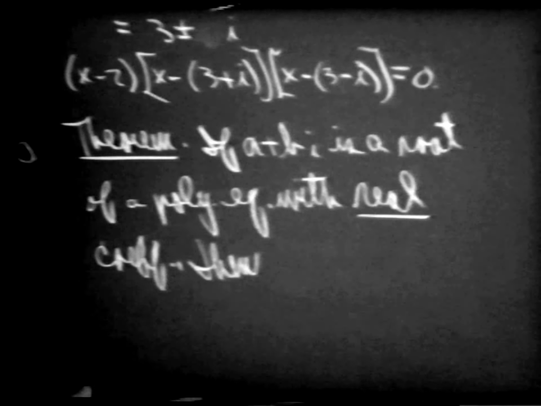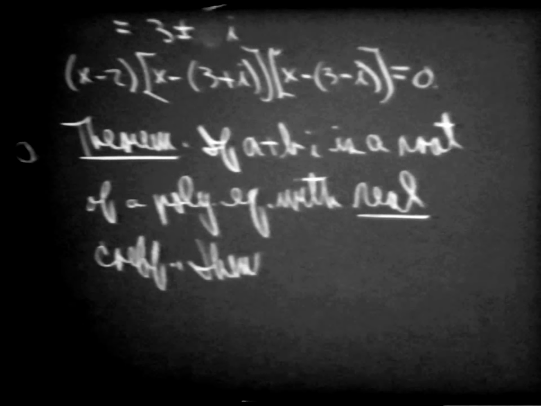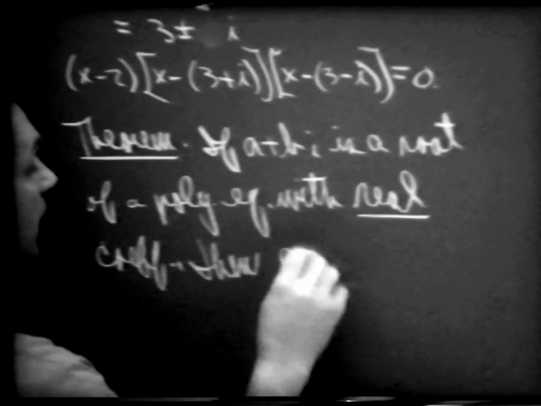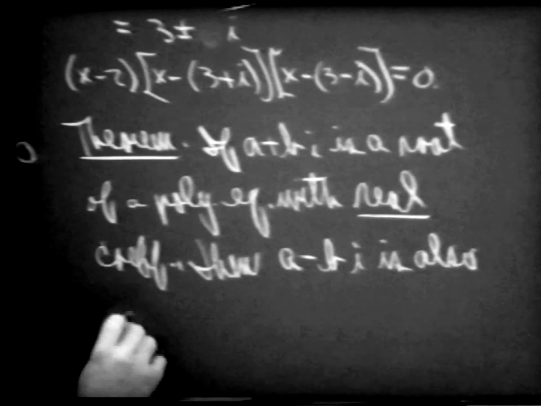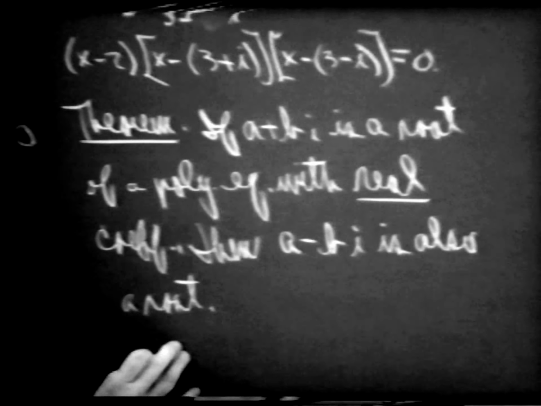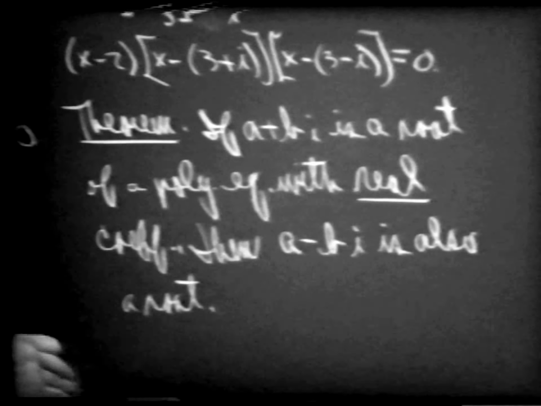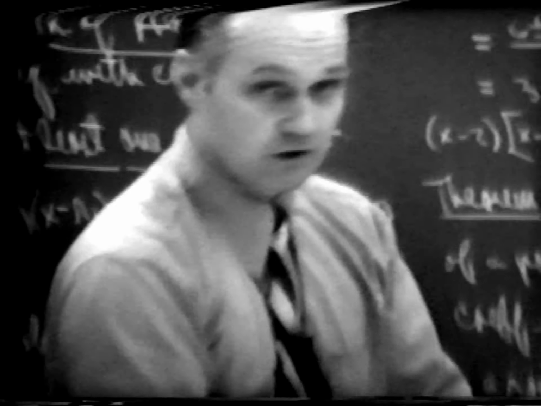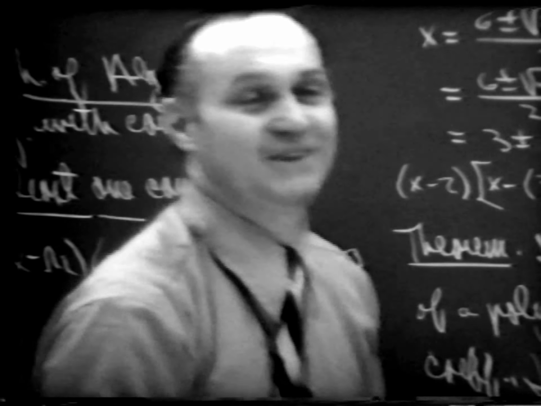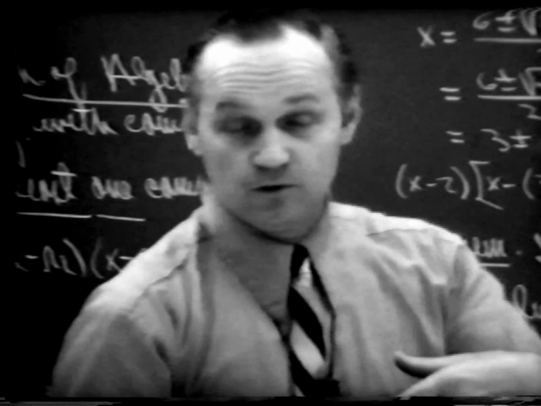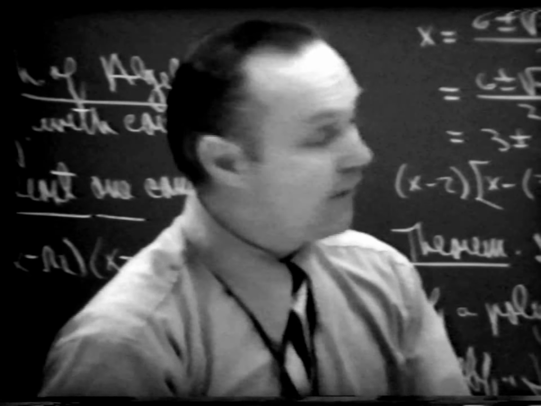Kirby or Brenda? A minus bi is another root. A minus bi is also a root. Very good, all right? And this enables us, as we explore polynomial functions and equations, these three theorems will enable us to determine what those roots are.